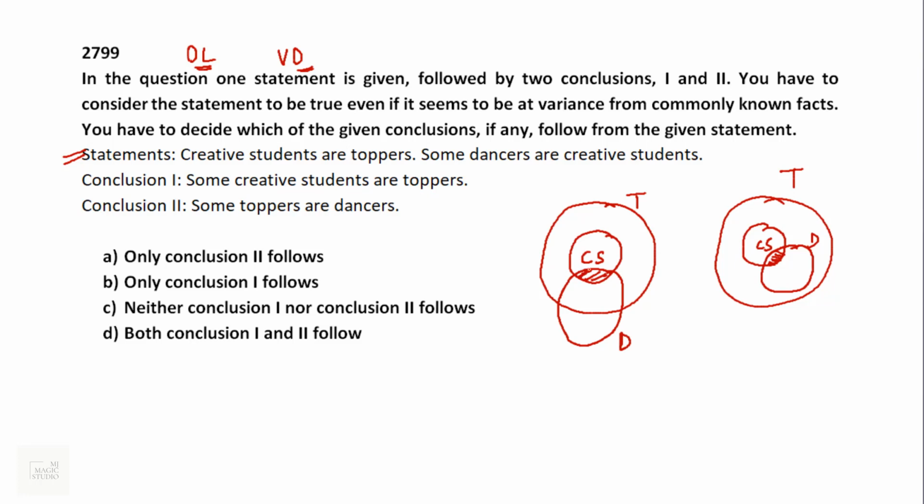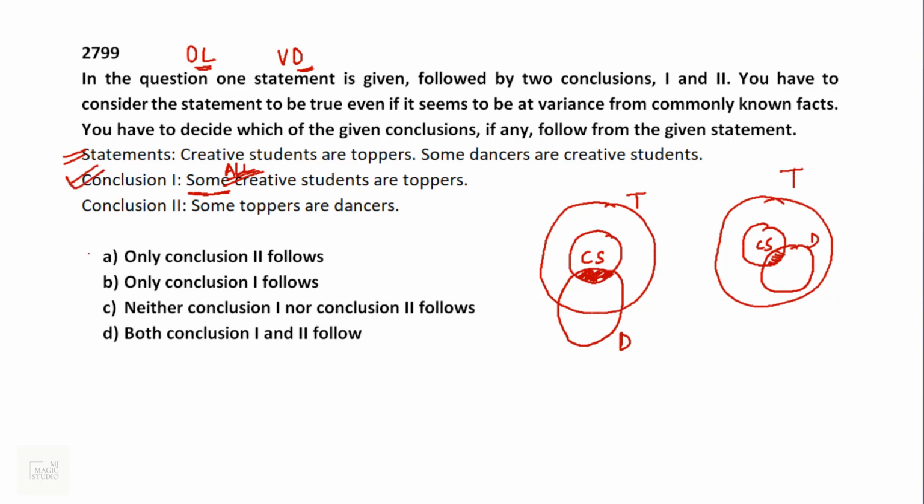Yes, we can see that some creative students are toppers because it's given that creative students are toppers. That means that all creative students are toppers. But why this word some? It is all.